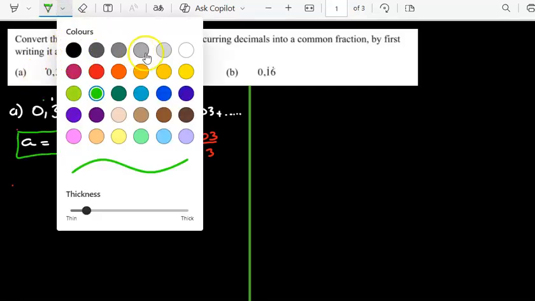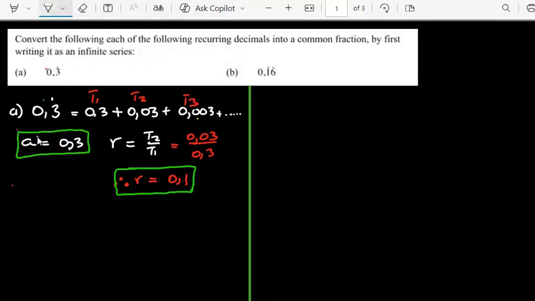Now we can say the sum to infinity. You know the formula for sum to infinity. The sum to infinity is equal to a over 1 minus r. We just have to substitute the value of r.